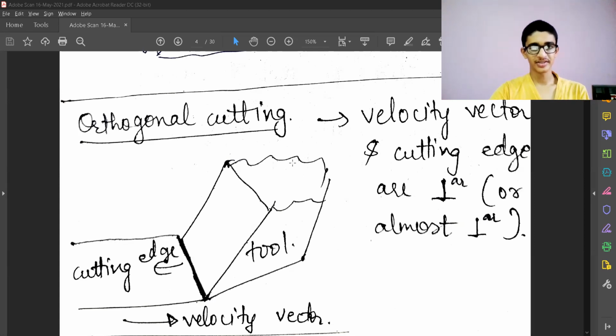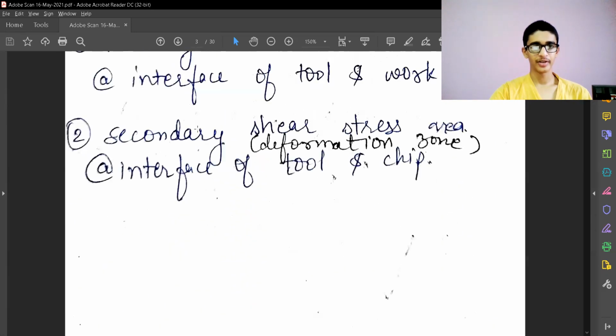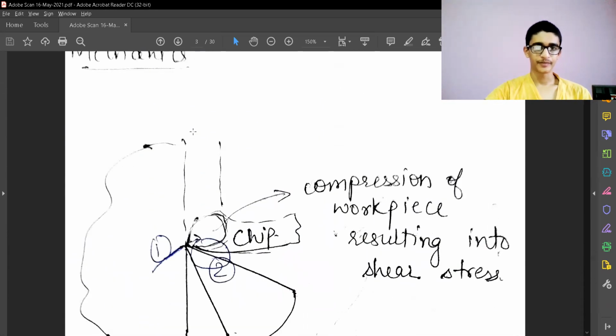So I can use the same or similar expressions that we have derived for the power required or the cutting forces for orthogonal cutting, and get the non-orthogonal cutting forces and power directly. So let's start with chip formation.